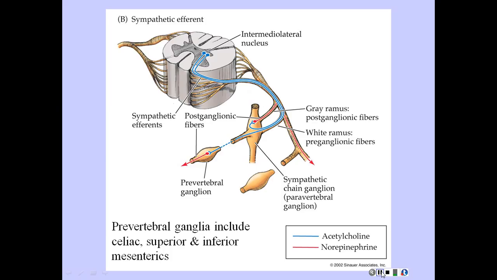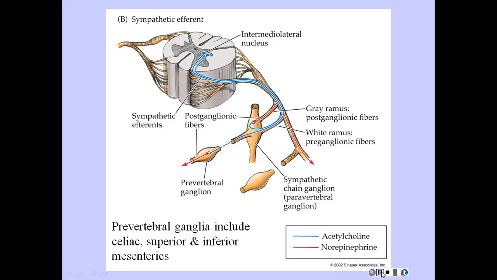They join the spinal nerve. Now, the way the sympathetic chain is attached to the spinal nerve is by these two structures referred to as either the gray or the white ramus. And the words gray and white refer to exactly the same thing here as they do when you describe the brain, the gray and the white matter.